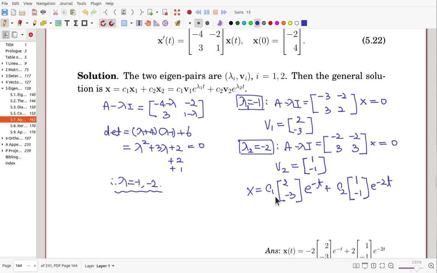Now we have to decide C1 and C2. How? By using the initial condition.